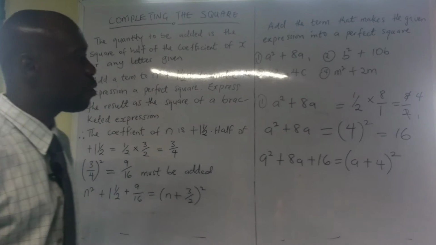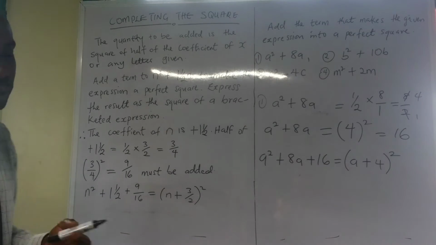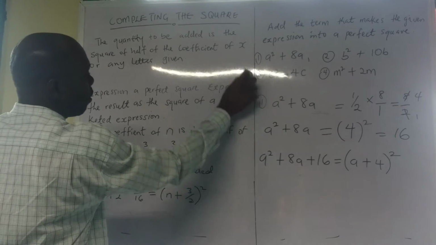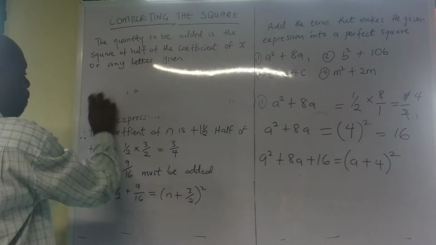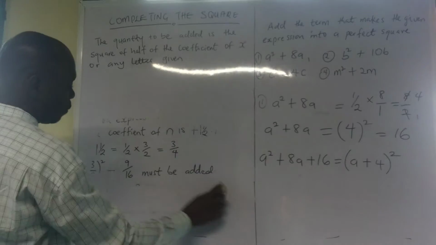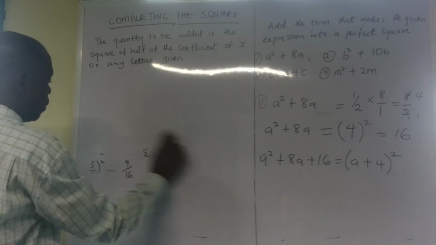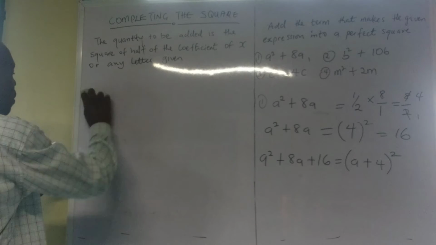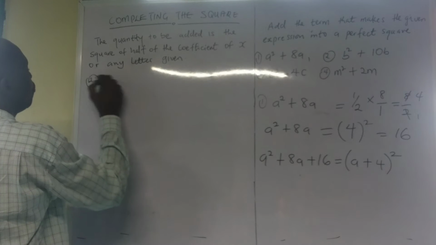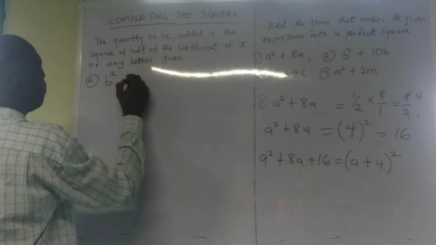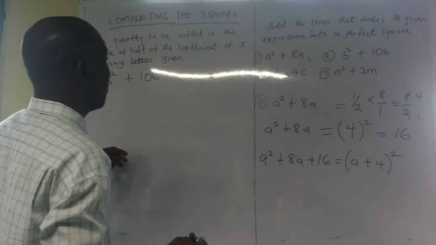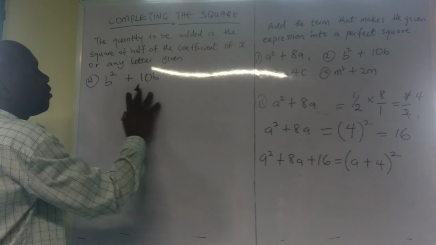Let's check the second equation too. Second equation, we have question 2, b^2 + 10b. Like we said in our first example, we will look for the half of this coefficient.